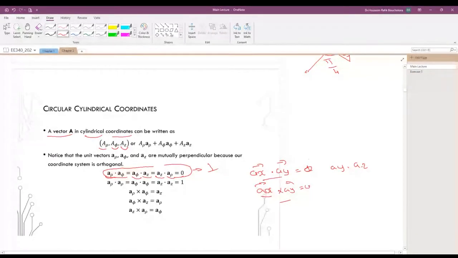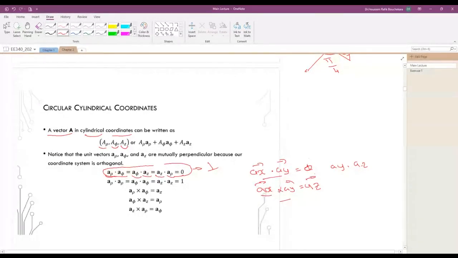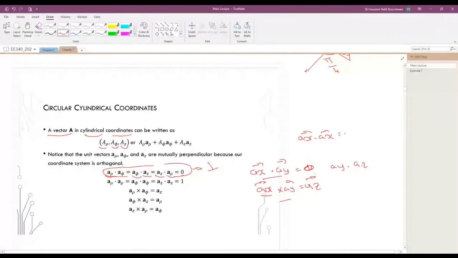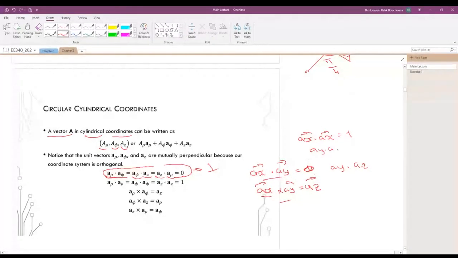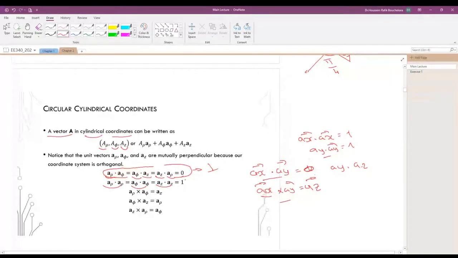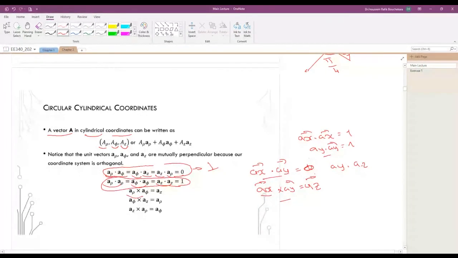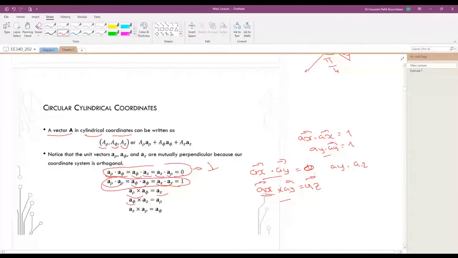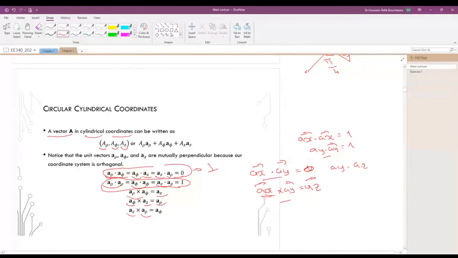ax cross ay is equal to az, sorry. This one is 0. ax dot ax is equal to 1, ay dot ay is equal to 1, and so on. The same here: a rho dot a rho, a phi dot a phi, az dot az all equal 1. And a rho cross a phi gives az, a phi cross az gives a rho, and az cross a rho is equal to a phi.